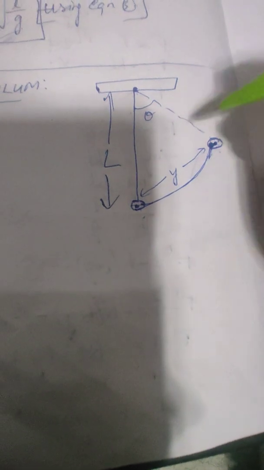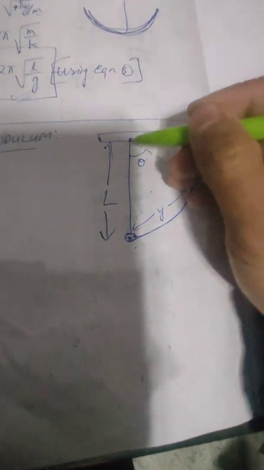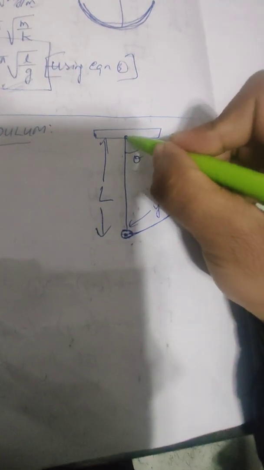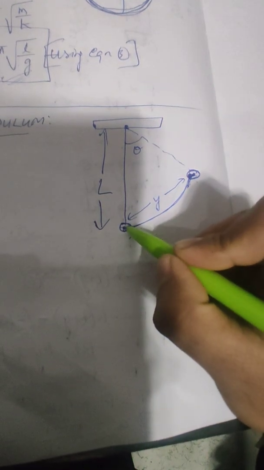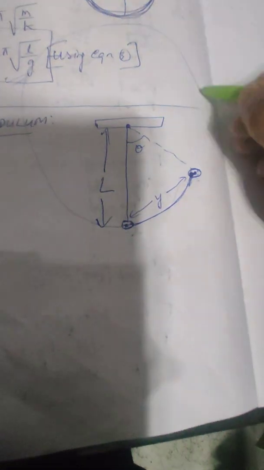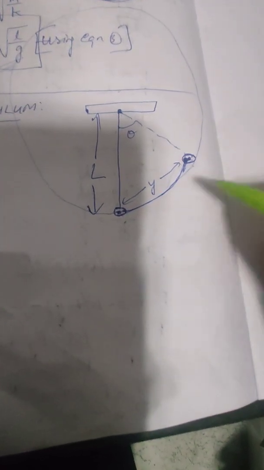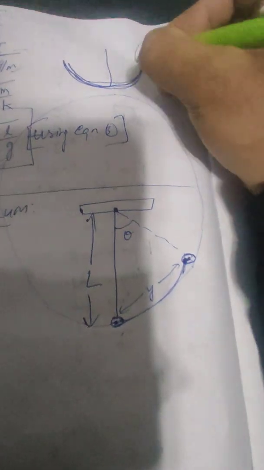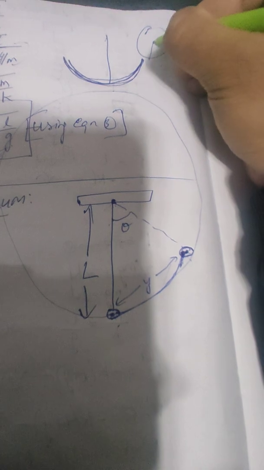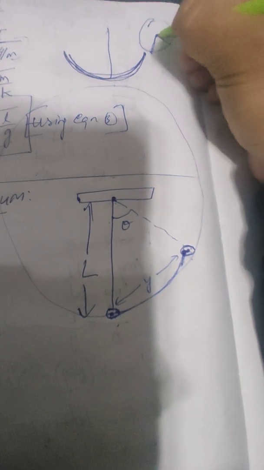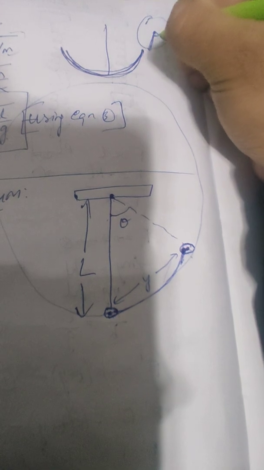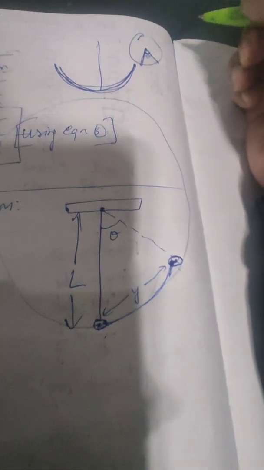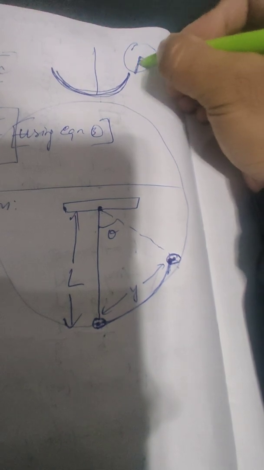Now how will we calculate the value of theta? Suppose we draw an imaginary circle. If you take your compass and put the needle over here, and take this L as the radius, then you can draw a circle, right? So L will be the radius. In a circle, the angle between two radii can be found by dividing the arc by the radius.